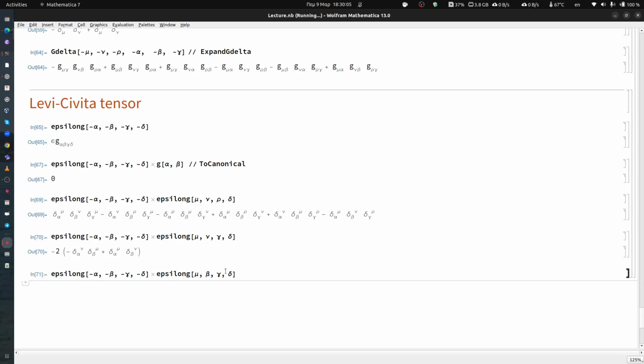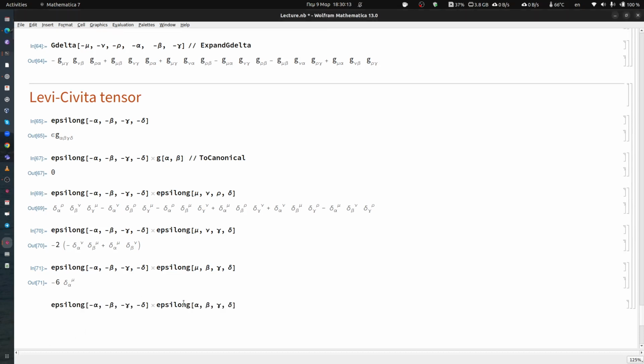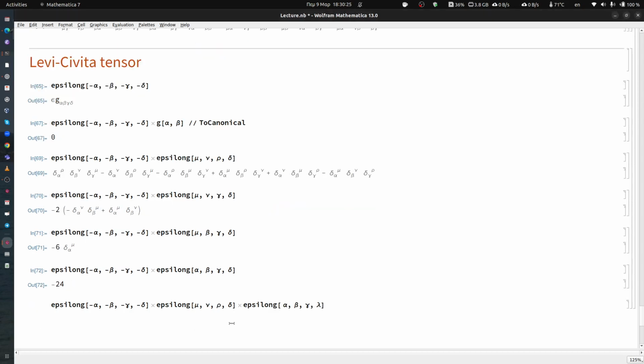And then we contract all four indices to obtain n factorial, where n is equal to 4. Now, this is very useful because many times we have expressions that are even more complicated with products that involve more than one epsilons. So this is an example here.